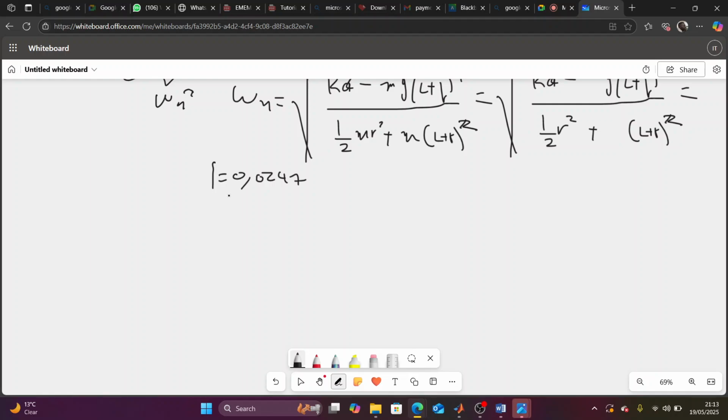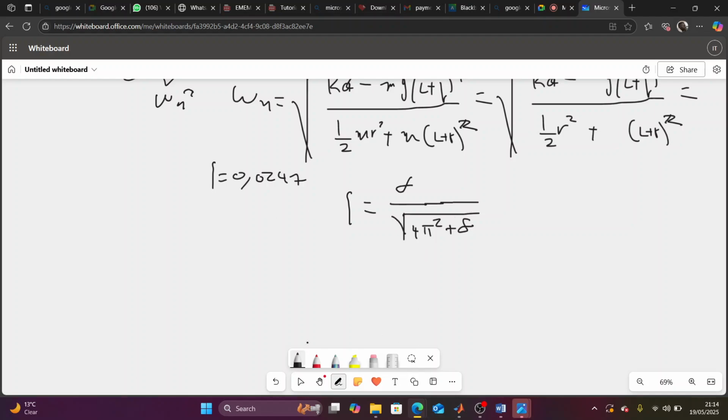I'm pretty sure you know that zeta is equal to the logarithmic decrement over the root of 4 pi square plus the logarithmic decrement. So we have to solve for the logarithmic decrement.